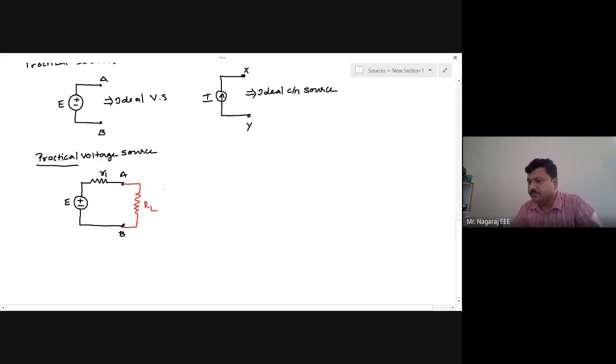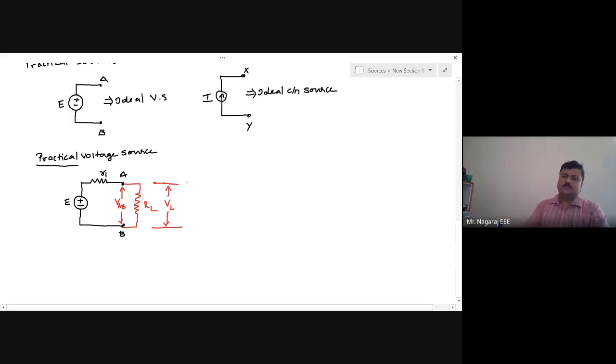Let this be RL. Now, what is the voltage available across AB? This is VAB, which is equal to the load voltage across RL. I can call it VL.